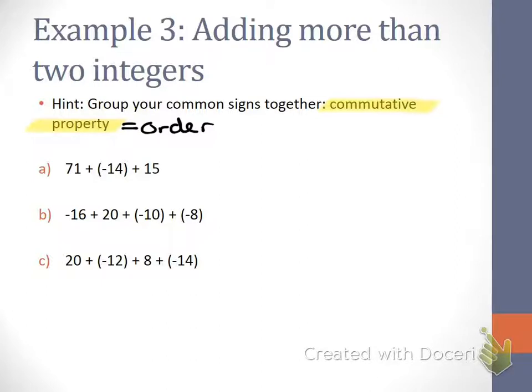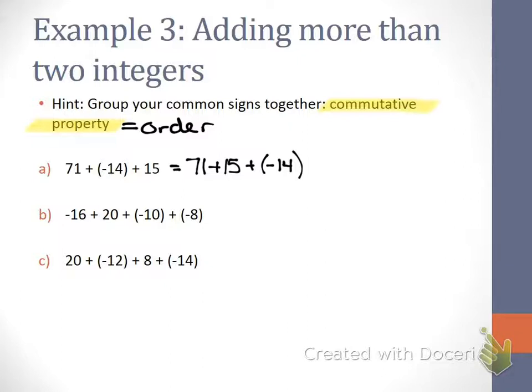So in example A, what I want to do first, and this is always my first step, I want to group my positive numbers and my negative numbers together. All right, so I have 71 plus 15, I group my positives, plus negative 14. And now I'm going to simplify, I'm going to combine all my positives and combine my negatives.